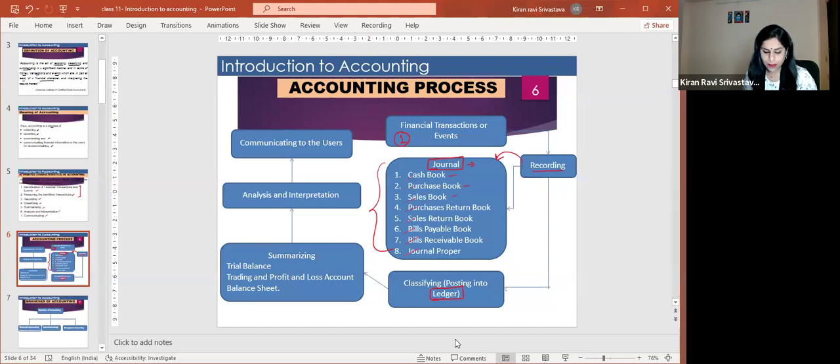Once we have prepared the ledger, there will be so many ledger accounts. Now those ledger accounts have to be summarized somewhere. For example, when you study a chapter, first you make detailed notes. Then from those detailed notes, you take out some key points.